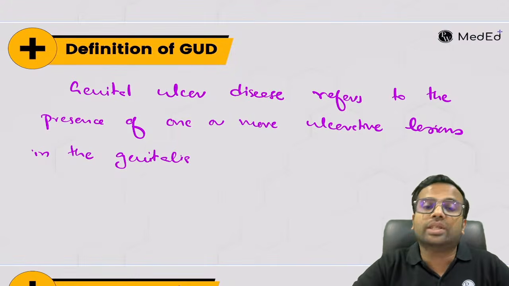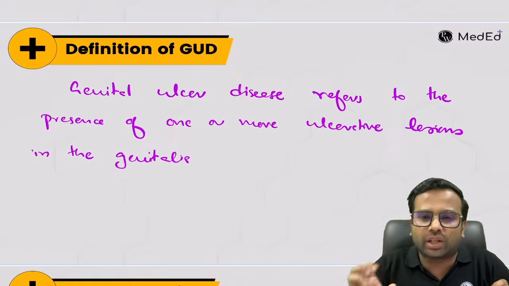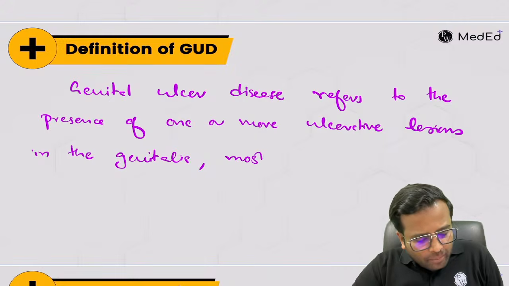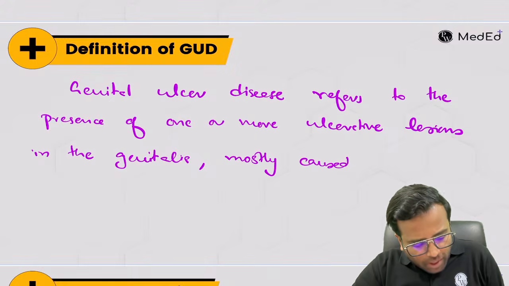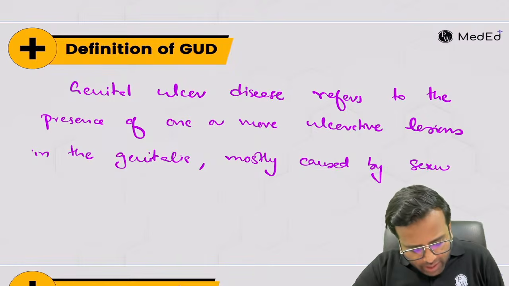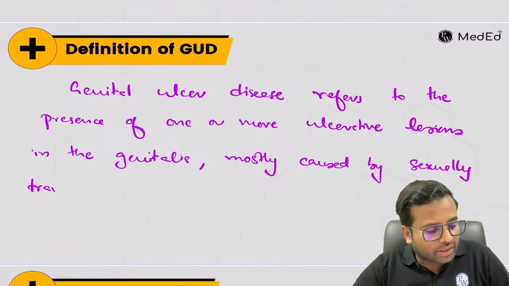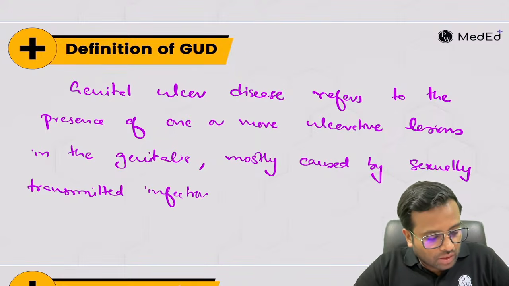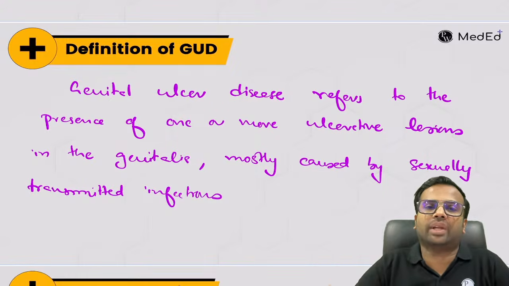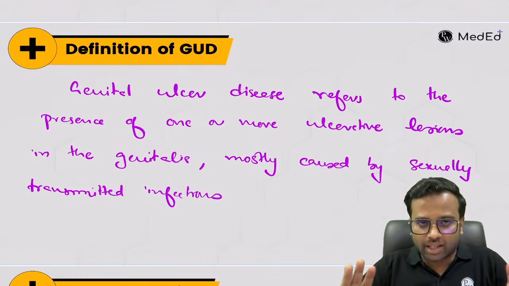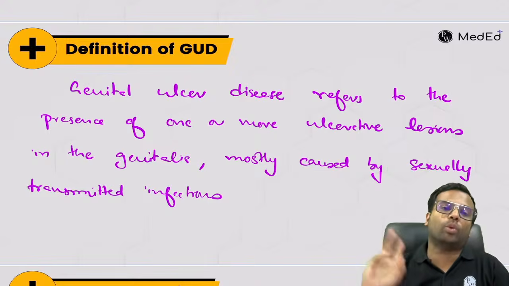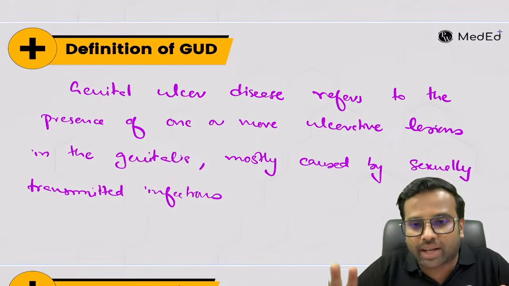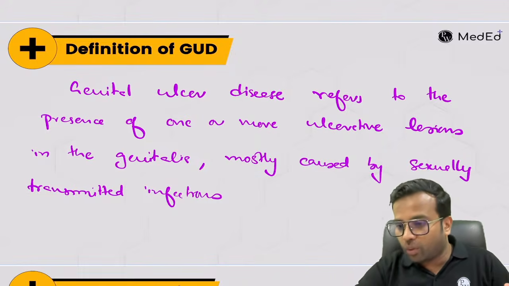So this is what we can give as a very short definition. We can also add one more thing: mostly caused by sexually transmitted infections. Isn't it a very simple definition? It is a condition where you may find one or more ulcers in the genitalia, mostly caused by sexually transmitted infections, right?